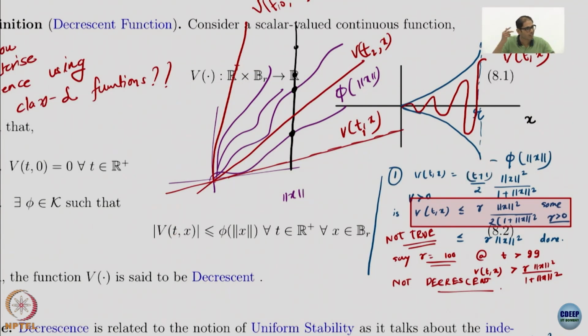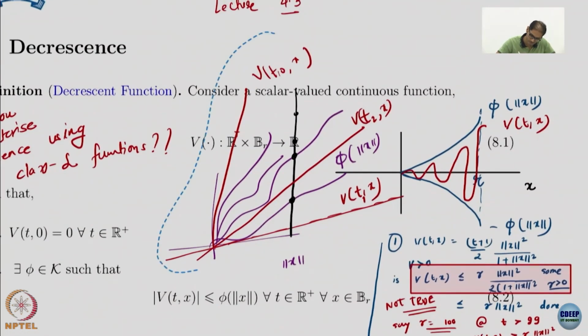So this is where you should think about it. Whenever I have some strictly increasing function of time here which is in fact going to infinity, I have a problem. You cannot claim that it is class k, you cannot claim decrescence in this case, because this will always dominate any class k function. So absolutely correct. I am going to delete this, sorry.